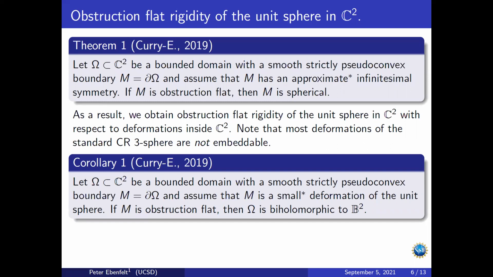In fact, the space of embeddable deformations of the three-sphere forms a Fréchet submanifold in the space of all deformations. So it's a small thing. The space of non-embeddable ones is in fact dense, and the complement of a submanifold.